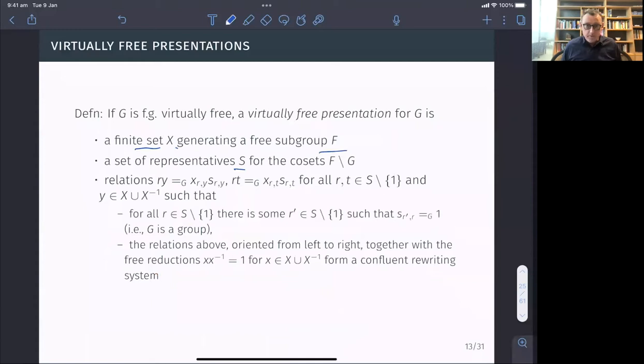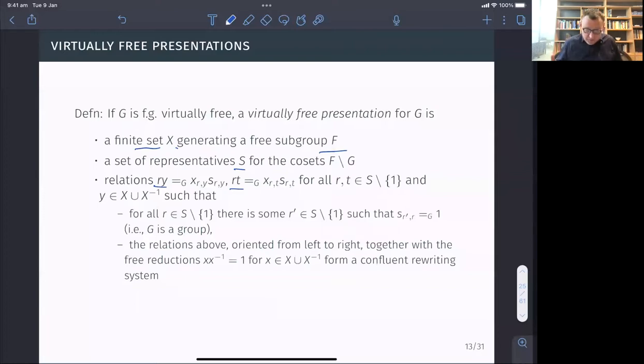So you choose some coset representatives, and then there are some relations which tell you how to move a given word into a normal form where the coset representative is on the right. So we're given these relations to tell you how to put something into normal form. So it's quite a lot of information to be told about a virtually free group.